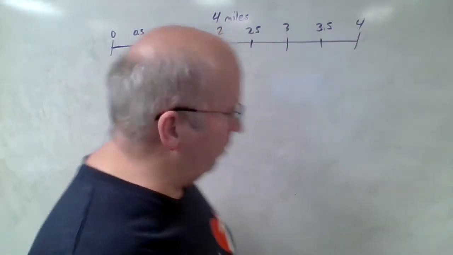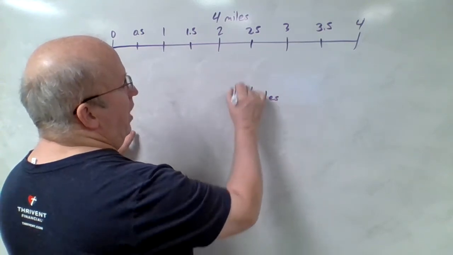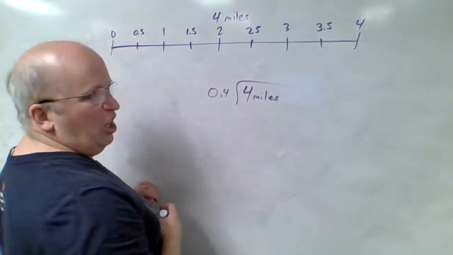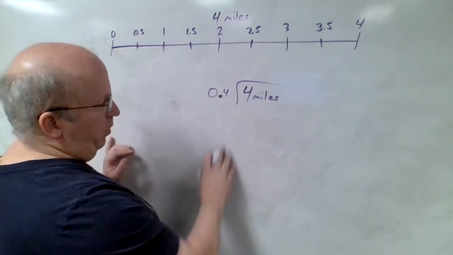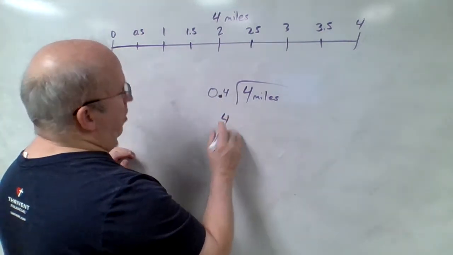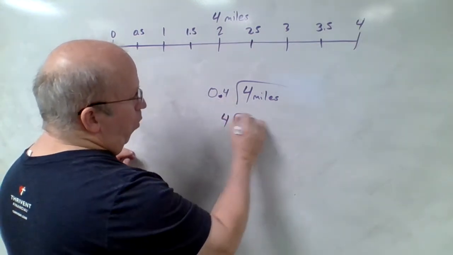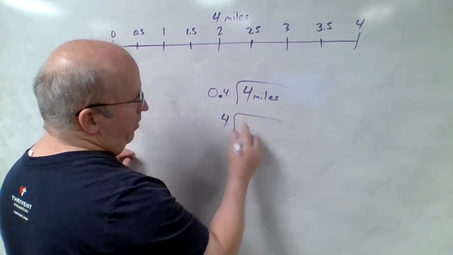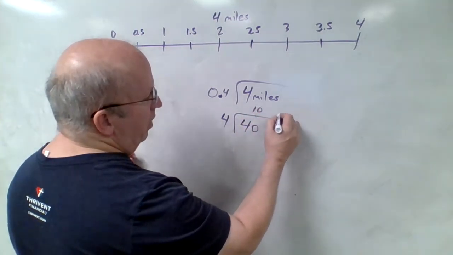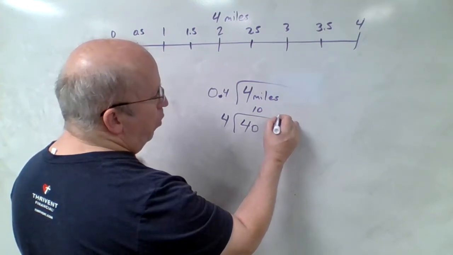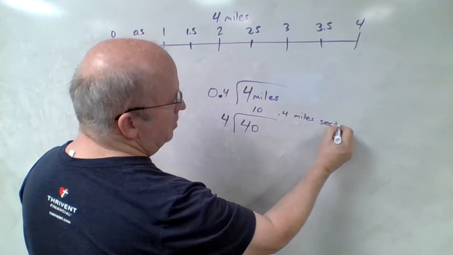Because that's important to this problem. We need to take the 4 miles and divide by 0.4 chunks, right? Now, we can't really do this with a decimal point in the denominator. I'm sorry, not denominator, but dividend. So we move the decimal point over once, and when we do that, we got to do that once for this as well. And so there is 10 of these 0.4 mile sections.